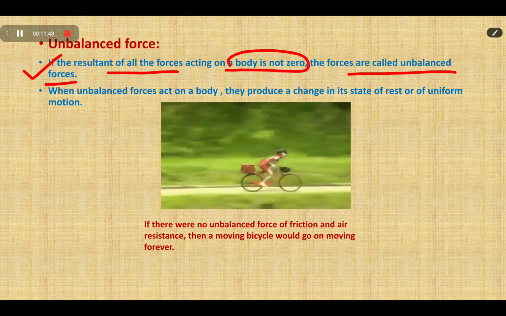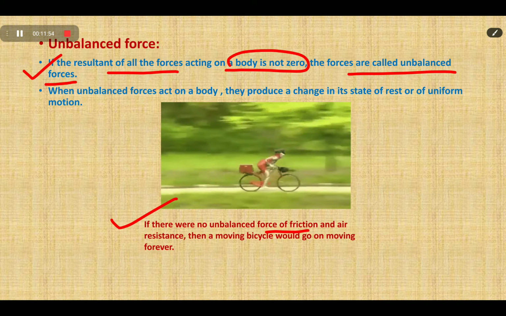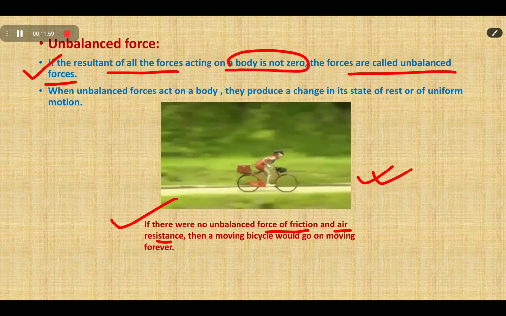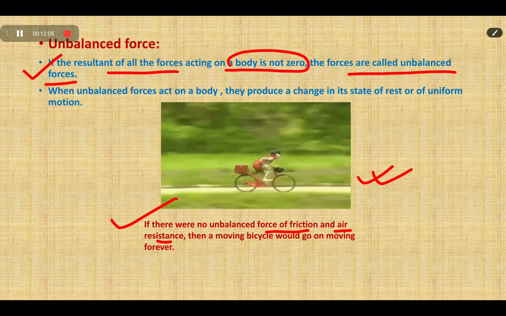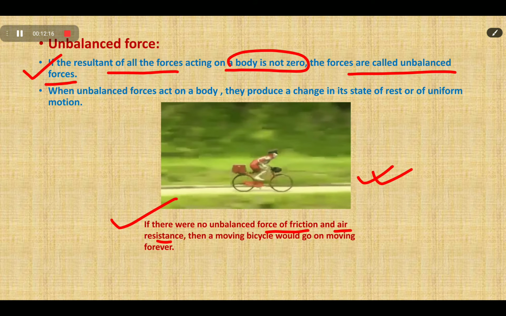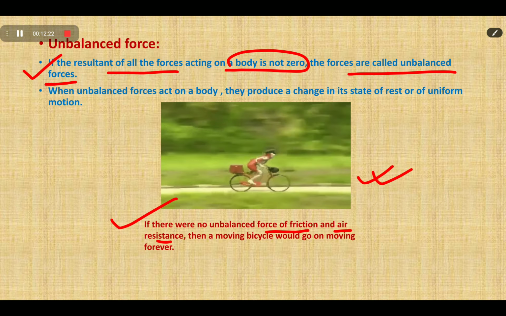As you can see in the image, if there were no unbalanced force of friction or air resistance, then the moving bicycle would go on moving forever. So if an unbalanced force acts on the body, it can change the speed or the direction of motion of the object. Or if the speed or direction of motion of the body changes, it means some unbalanced force is acting on it.